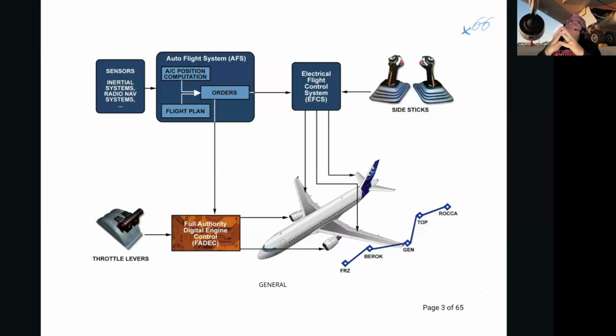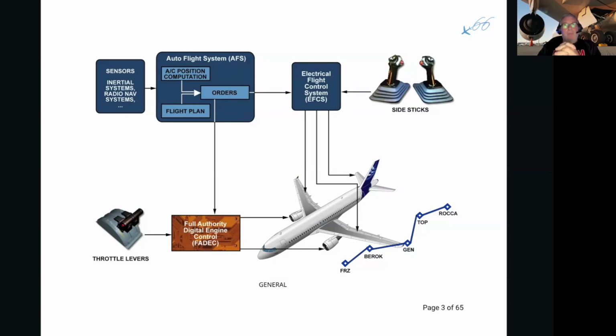If you are a Boeing person, you may have heard of the term auto throttle, whereas Airbus uses the term auto thrust. Auto throttle is a Boeing patent, and Airbus is still not allowed to use it. There are a lot of systems that are patented through various OEMs, manufacturers.